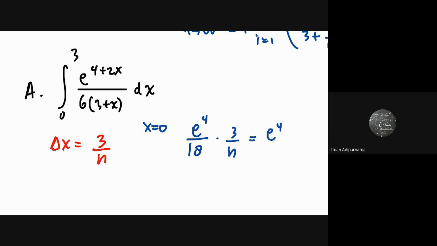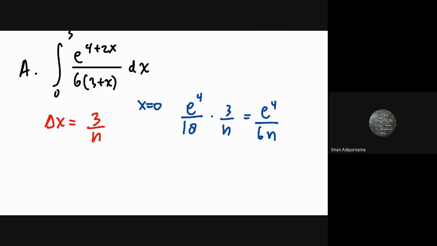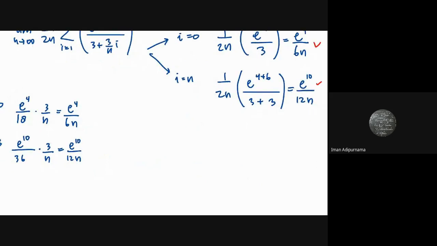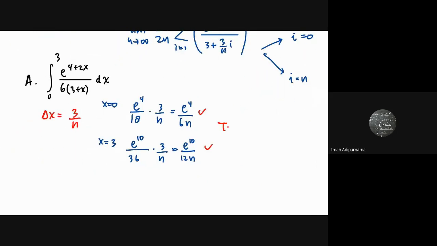This is e to the 4 over 6n. When x is 3, e to the 10 over 36, and this will result in 12n. Okay, and this is equal to this, so this is true.